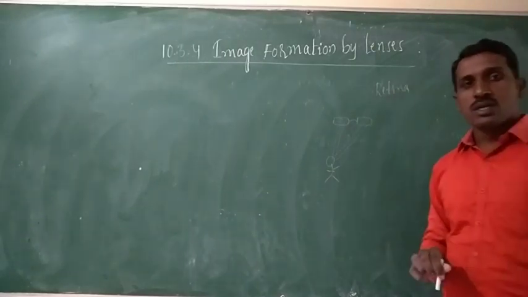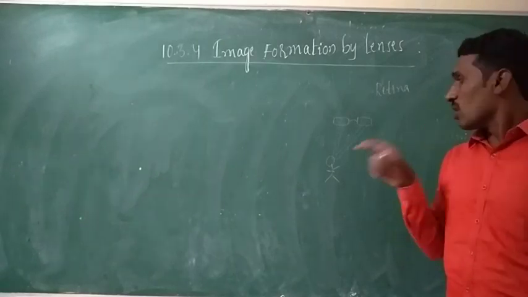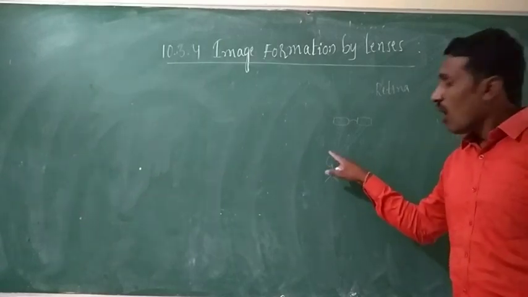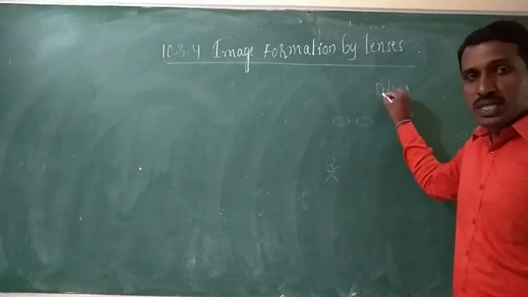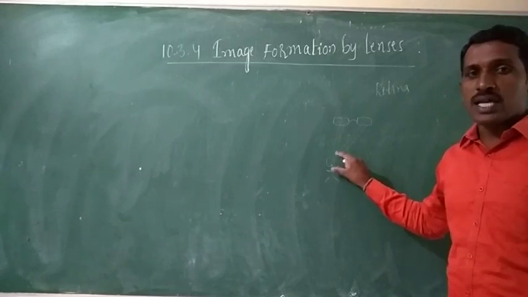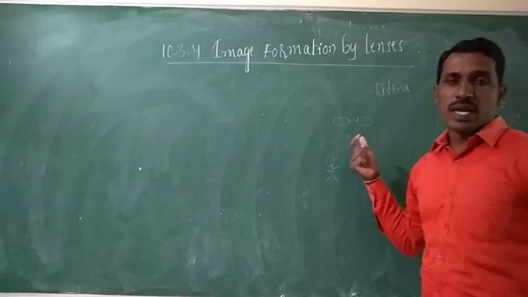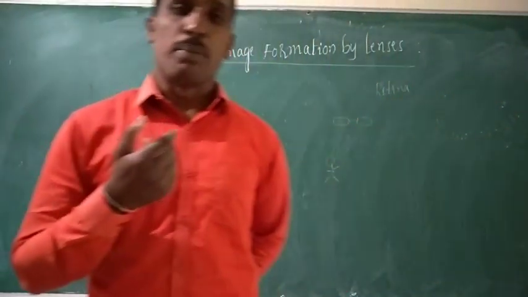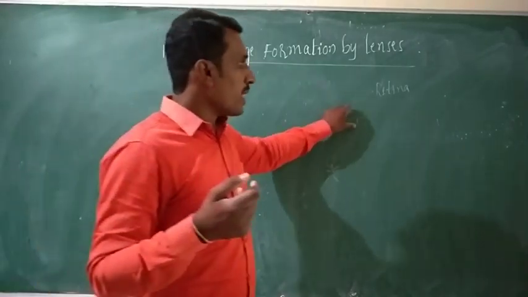See students, the size as well as nature of the image of an object. This is the object, its image will form at the retina. The size of the person as well as the nature of the image, like real image, virtual image, will be different.